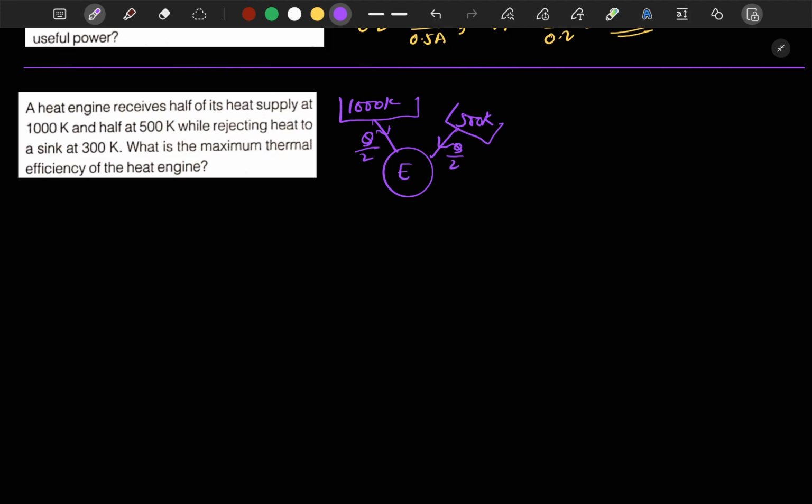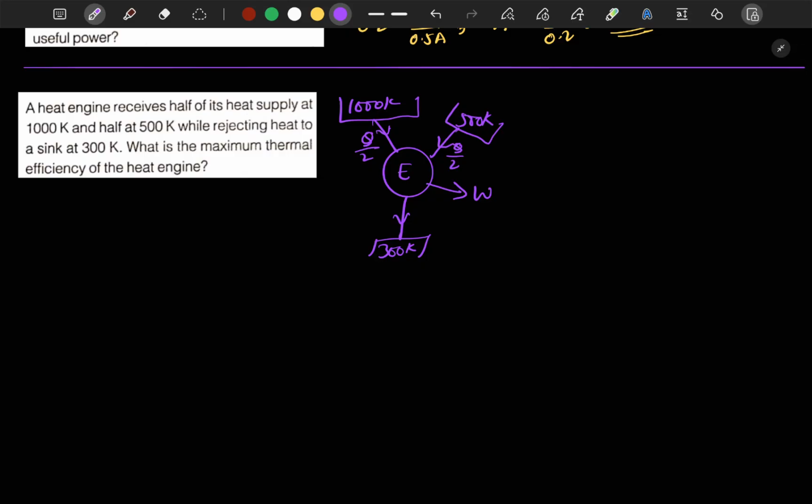It rejects heat at 300 Kelvin, and it produces some work done. So it is asked what is the maximum thermal efficiency of the heat engine.